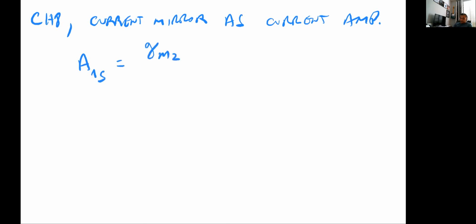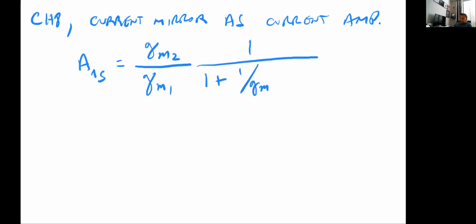This is chapter 8, current mirror as current amplifier. So the gM of the output transistor over the gM of the input transistor, multiplied by this expression. And the output resistance is the output resistance of both transistors, because they are the same, or rather for the second transistor.